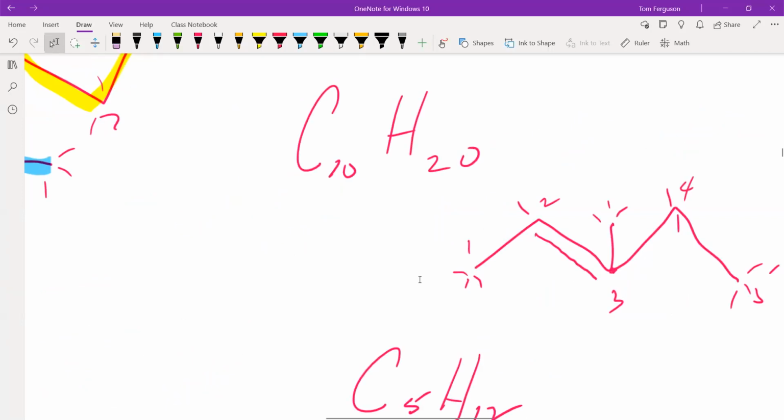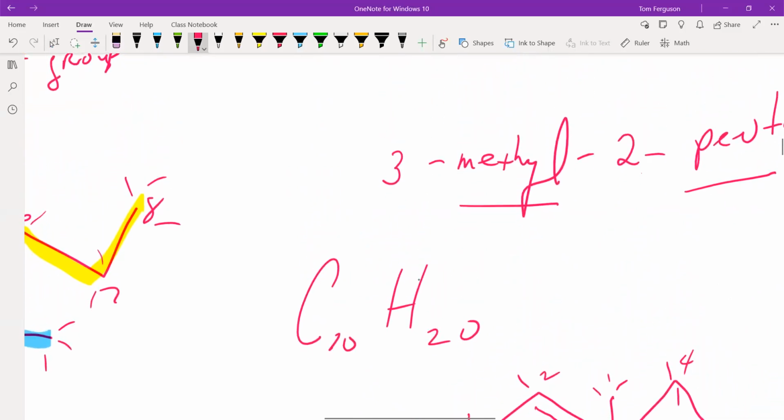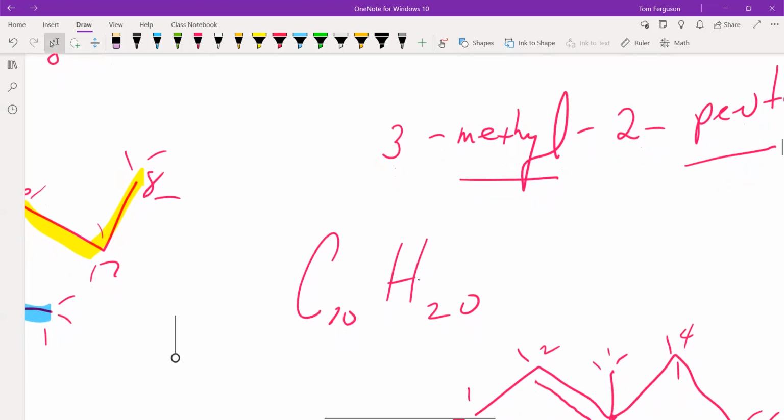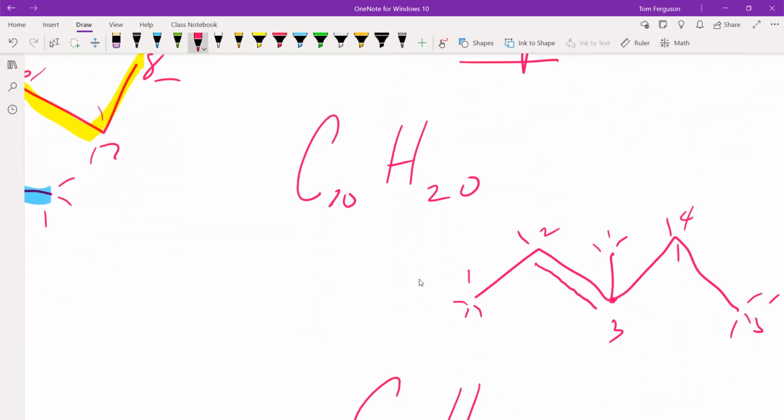Okay, so we have a methyl at carbon number 3, right? That's the 3 extras at the end of the methyl group there. So we have 3 at the beginning. There's 3 there. We have 1 here.